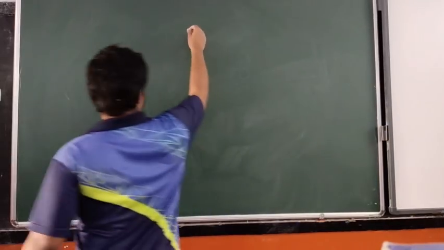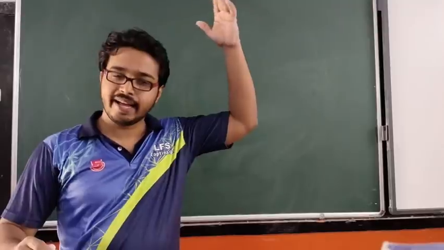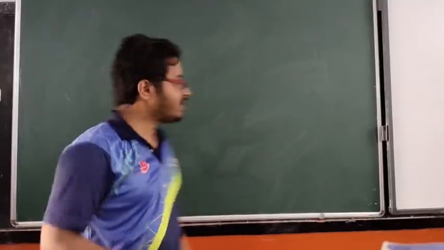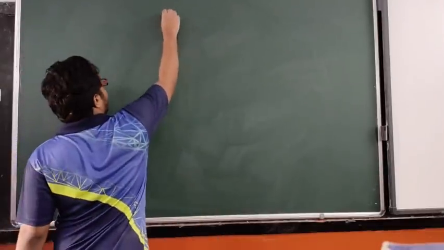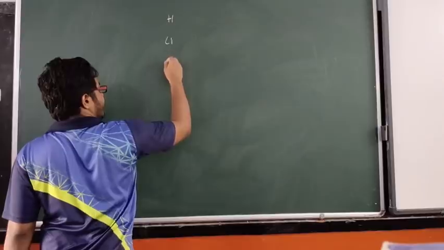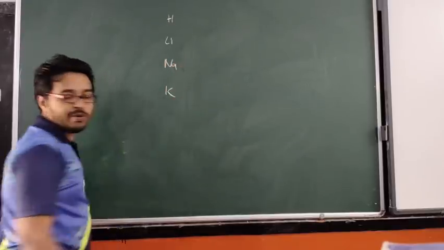When we are moving down a periodic table, for example, you have to consider a group and all the elements in the same group. Okay, for example, in the first group we are having hydrogen, lithium, then sodium, potassium, and so on.